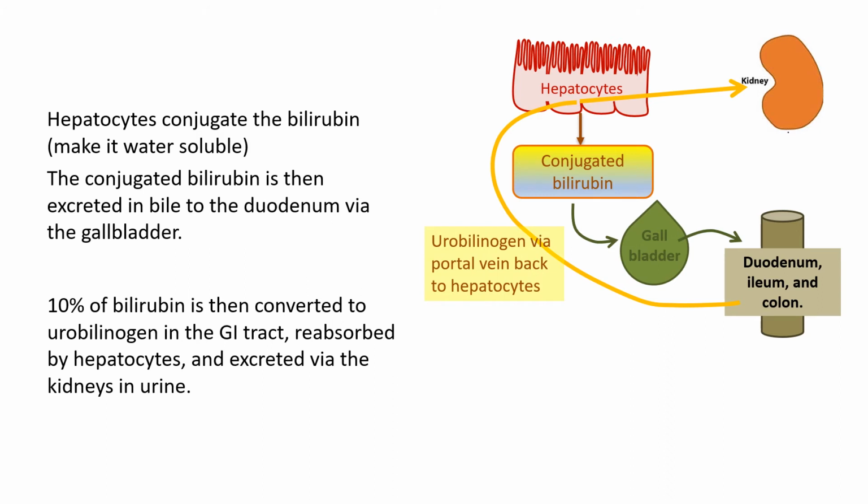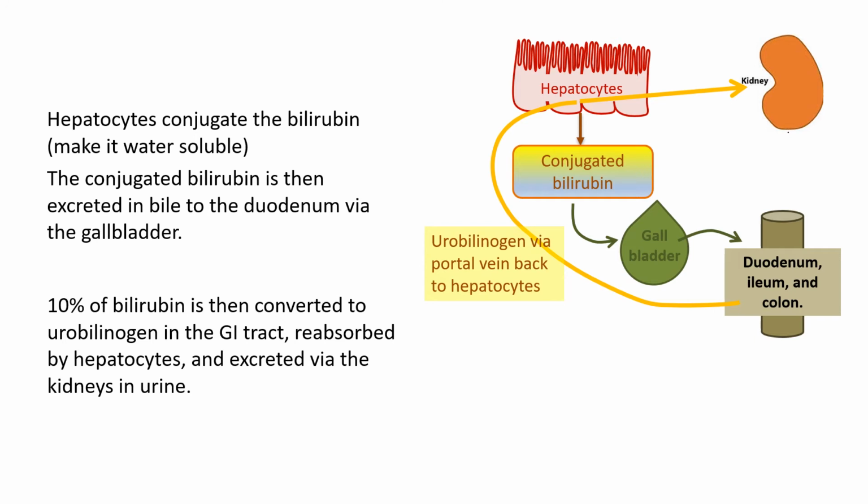A certain amount of that, though, 10% of it, is then converted to urobilinogen in the GI tract. This then goes back through the hepatic portal system, reabsorbed by the hepatocytes. The hepatocytes then excrete that via the kidneys in urine, and this is what gives urine its usual colour.